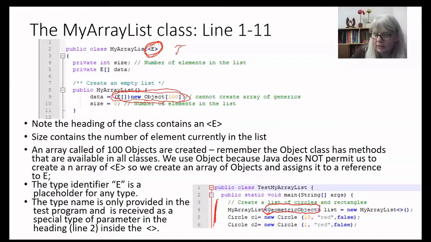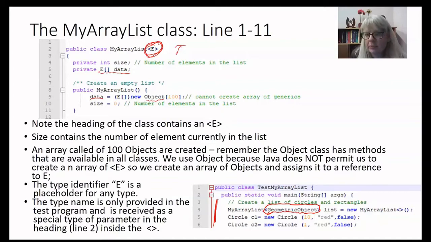Now, I said Java does not allow an array of data type E or generic type, but we are assigning it to the variable data, which is actually a reference to an array of E, but we are not allowed to create objects of that, so we are creating objects of the object type in Java. This is fairly standard. You only need to do this once and understand it once.